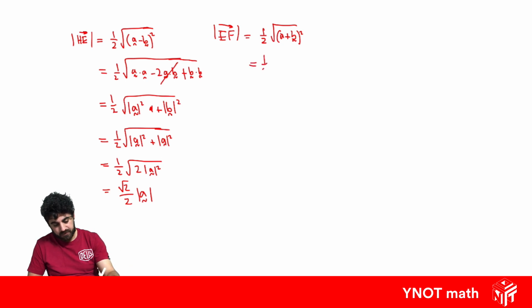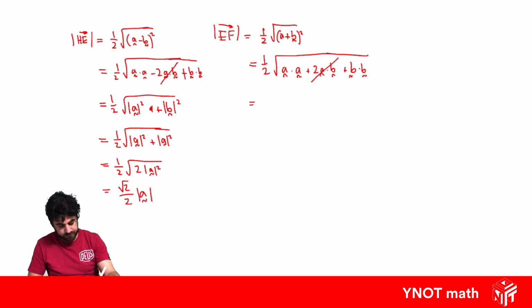So we're going to do something very similar for EF. So we're going to have the square root of A dot A plus 2 times A dot B plus B dot B. That's going to be 0 because they're perpendicular to each other. And hopefully you can see we can take a bit more shortcuts this time. This is going to be the magnitude of A squared plus now B dot B is the magnitude of B squared, but that's also equal to the magnitude of A squared.